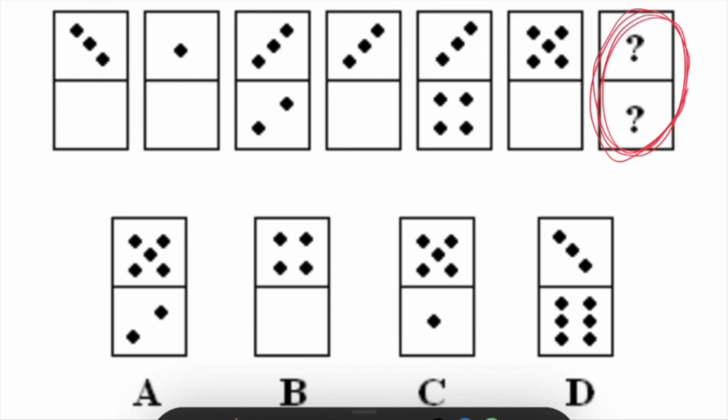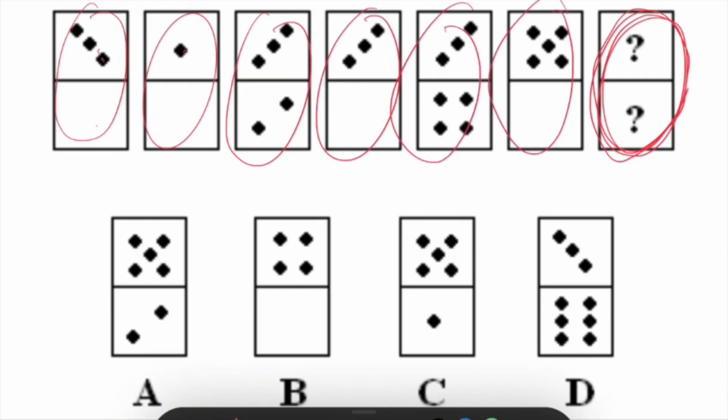I have here 3, this one, 3, blank 0 blank 3 2 3 blank 3 4 5 blank. Let's find the connection.